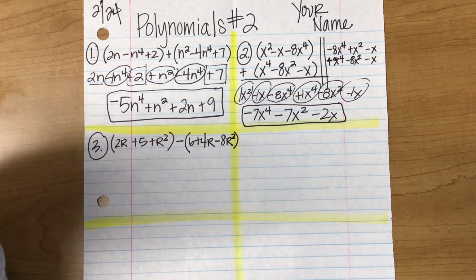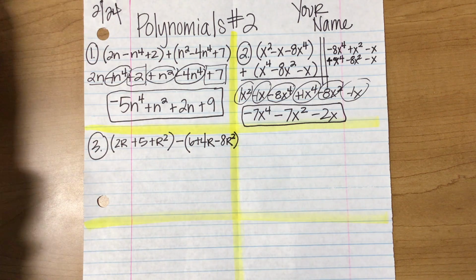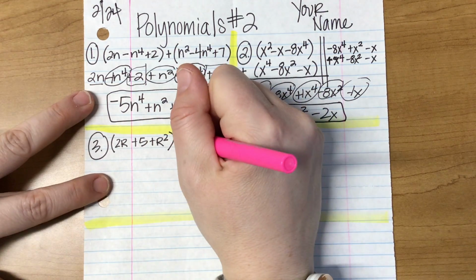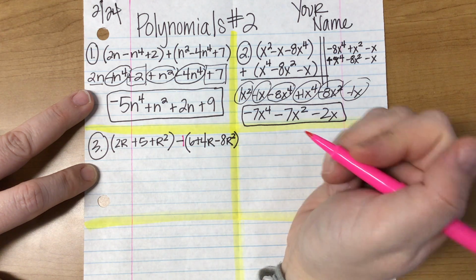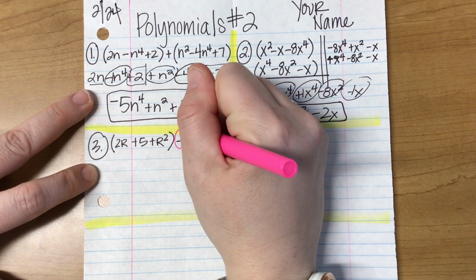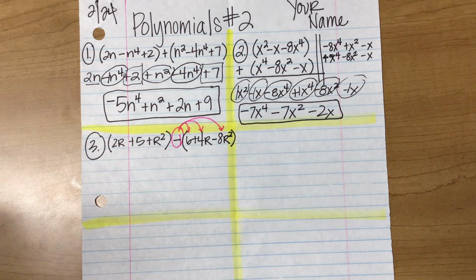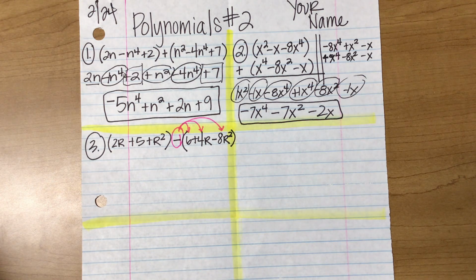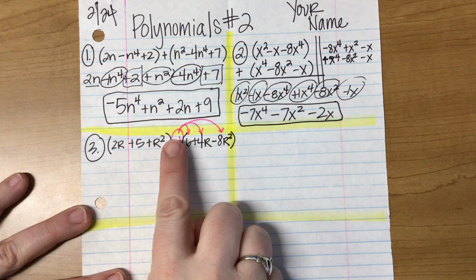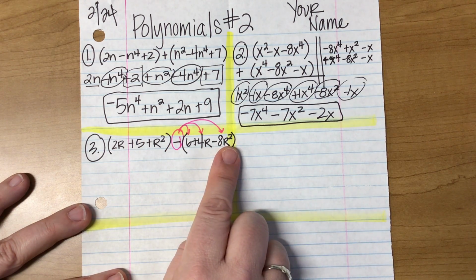There's a twist. It's not just straight up rewrite it in a long chain. The twist is that's a negative 1 in front. So I have to take that negative 1 and boop, boop, boop, distribute it. And we've talked about this previously in other units. If I'm distributing a negative 1, yeah, I can go through and say negative 1 times 6, negative 1 times positive 4r, negative 1 times negative 8r squared.